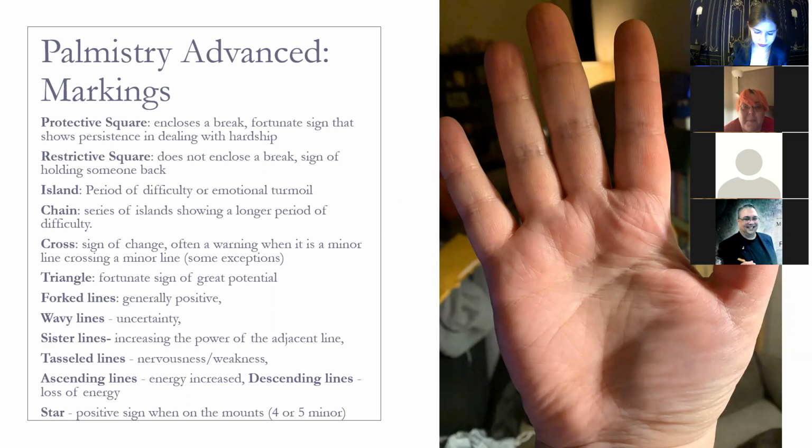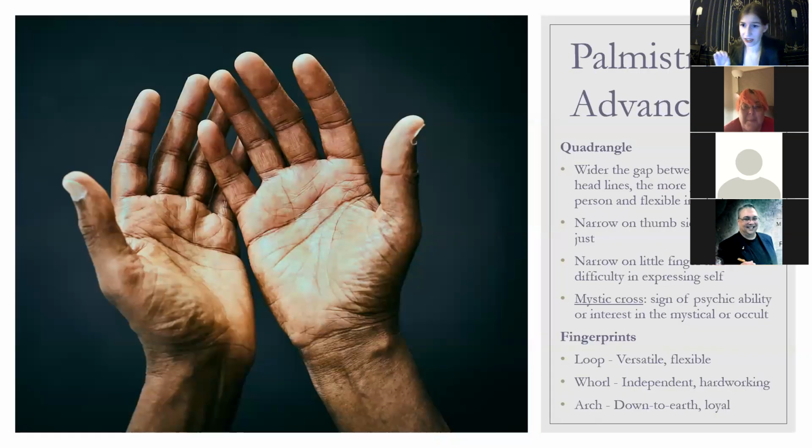So finally, we're getting to the very last thing, going to touch on this very little. We want to talk about the quadrangle, which is the area between the heart and the head lines. The wider the area between these two is, it's said that this person is more generous.